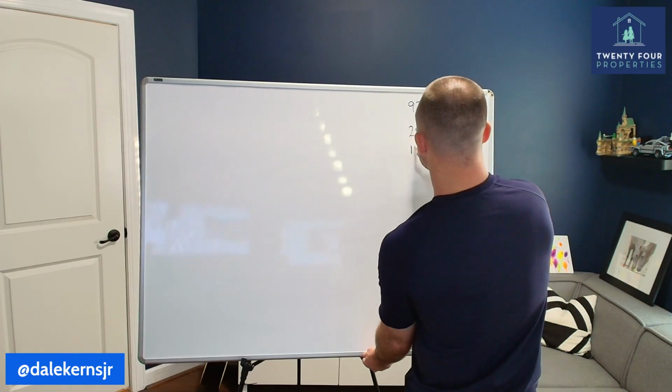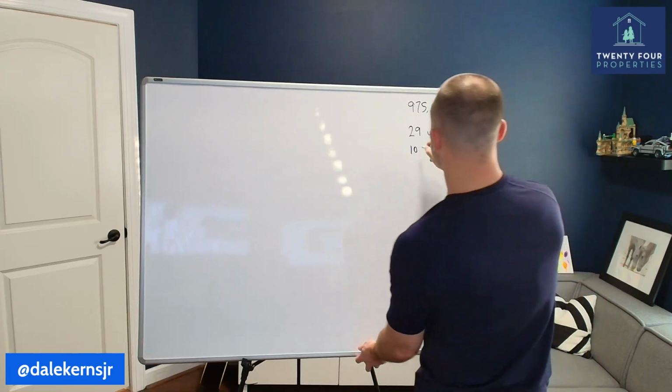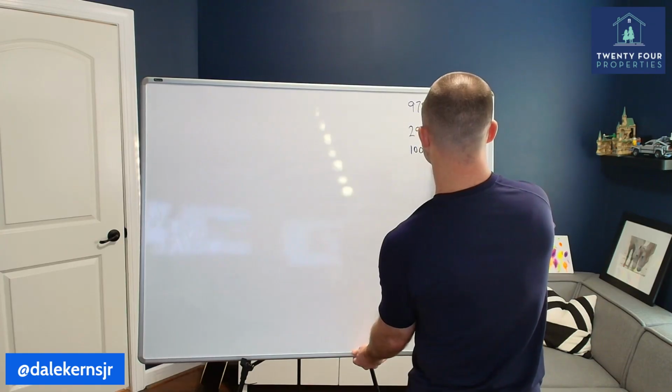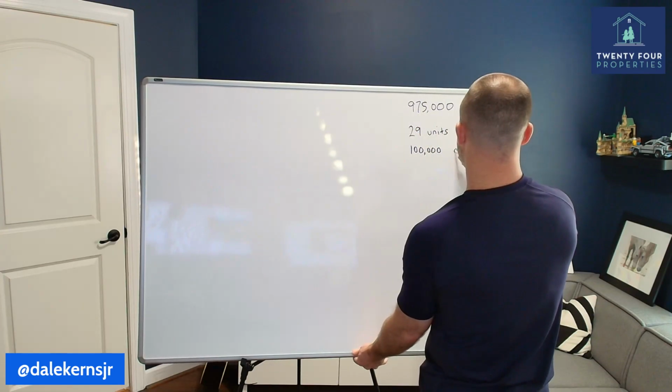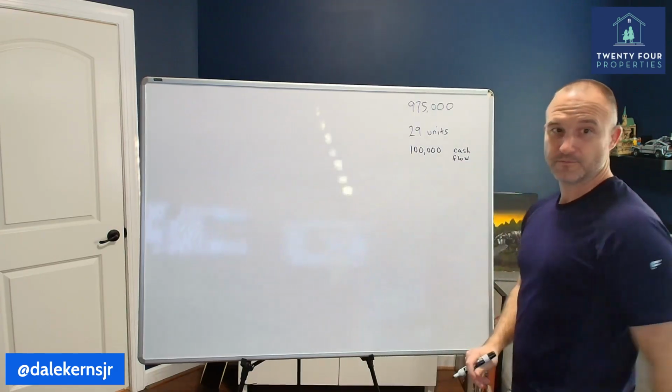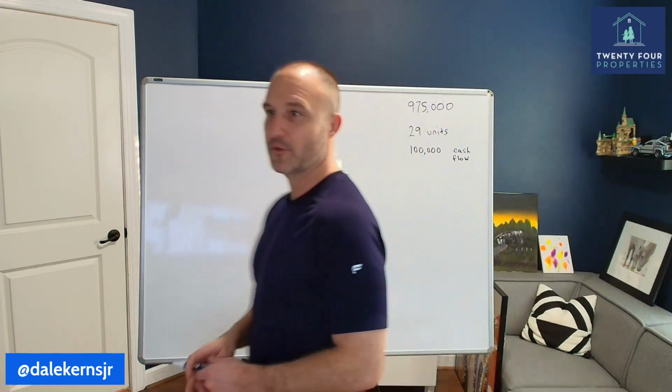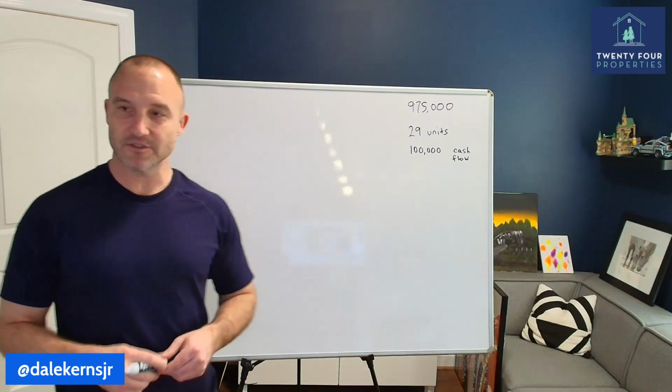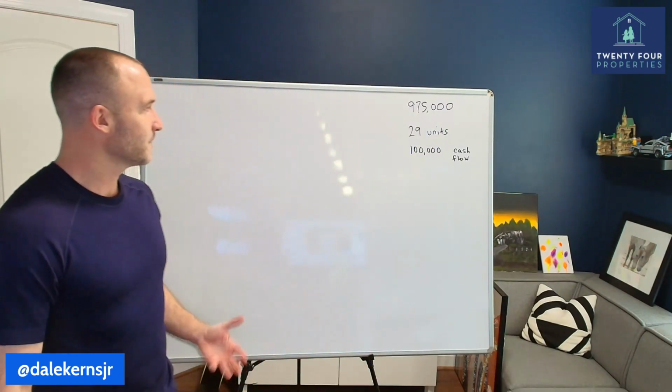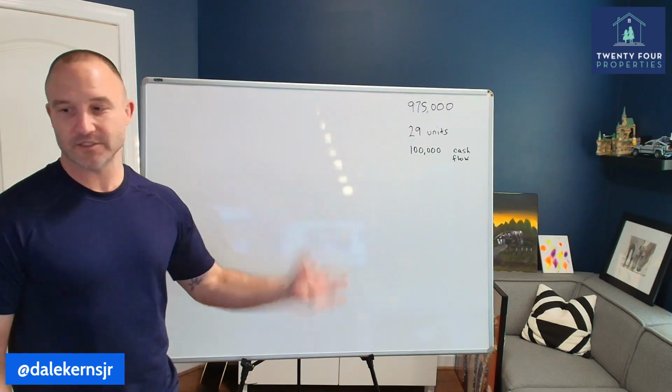And we have 100,000 in cash flow. And we have a property worth $6.9 million, 29 units. And we haven't even raised the rents.